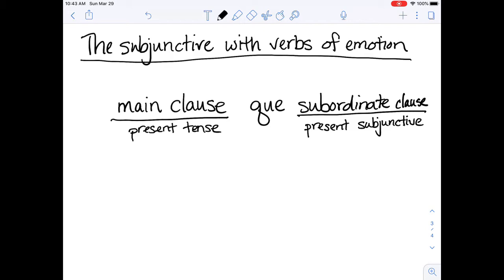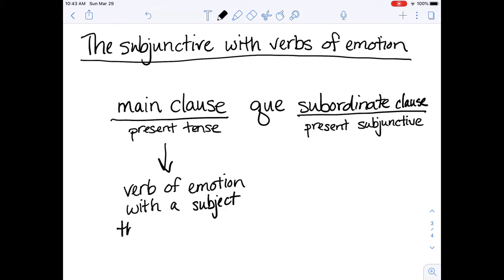Okay? So now what we're looking at is that in this main clause, this is going to be a verb of emotion with a subject that is different from the subordinate clause.